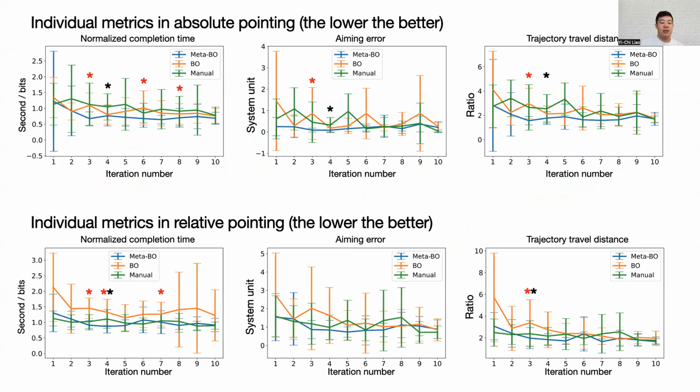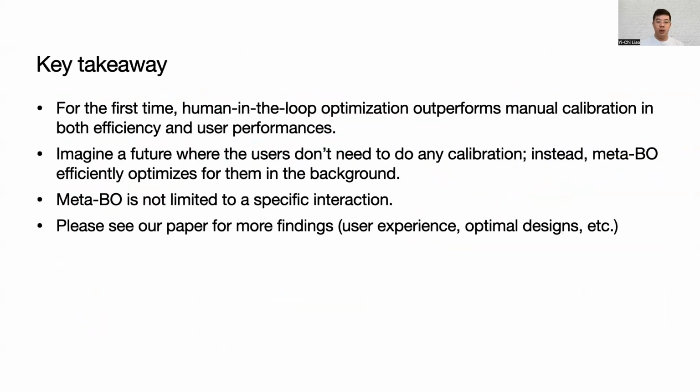Here is more analysis of the performance on the individual objective metrics. For these charts, the lower value is the better. And we can see, again, that Meta-BO constantly outperforms the other methods. This is the first time we see human-in-the-loop optimization outperform manual calibration in both efficiency and user performance.